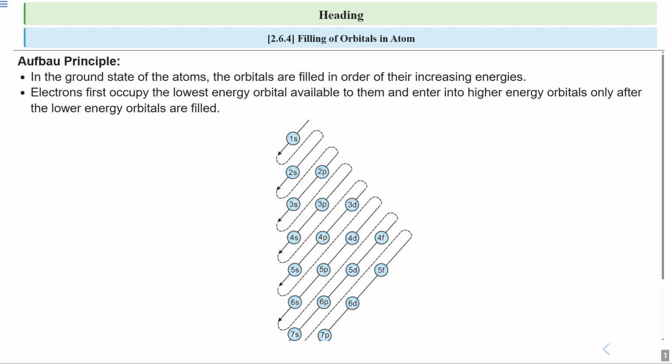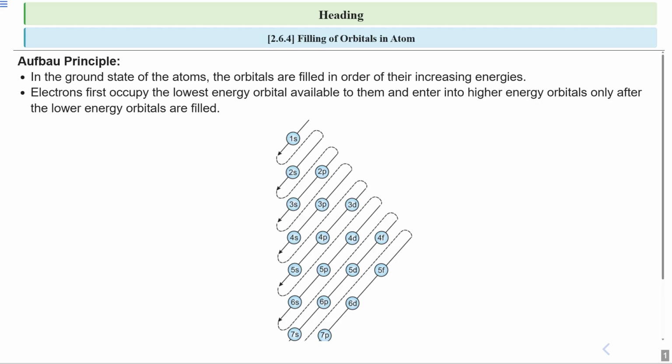So remember this part always, that if you are filling up the electrons, then first fill the electron in the lowest orbital or the lowest subshell. So 1s has the lowest energy, so fill it first, then fill the 2s, then the 2p, then the 3s, 3p. This is a very simple but important point to note.